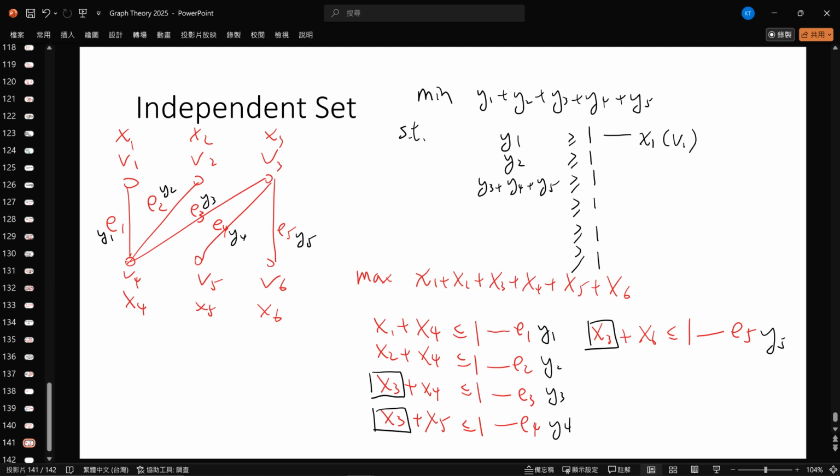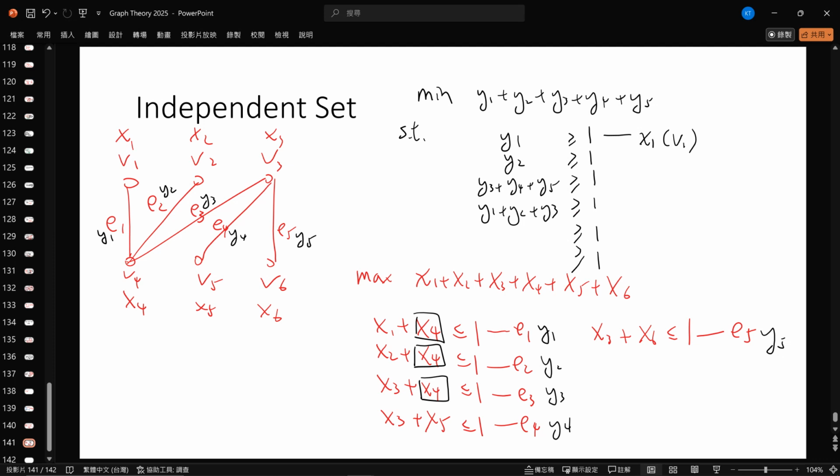Okay, next, x4. Okay, so x4 appears in, again, 3 constraints. The corresponding variables are y1 up to y3. Okay. So I think until this moment, you can all start to have a feeling about this left-hand side, okay?